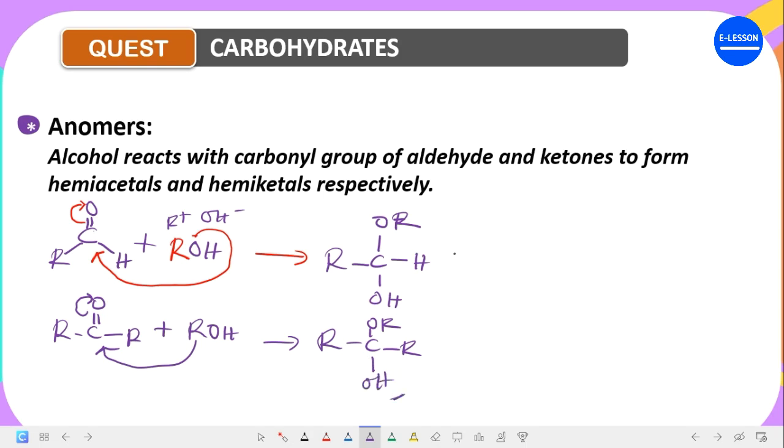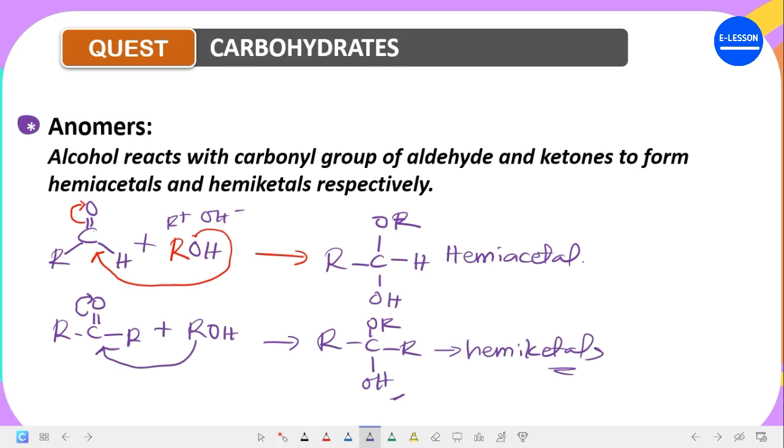So this one now is called the hemiacetal. When it is coming from an aldehyde, you call it hemiacetal, half of acetal group. Then when it's coming from ketone, you call it hemiketals. Okay, but you don't really need to kill yourself with memorizing how we got this.